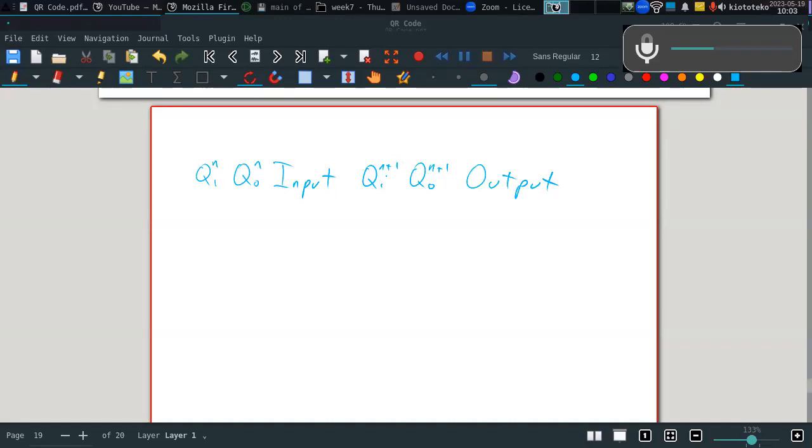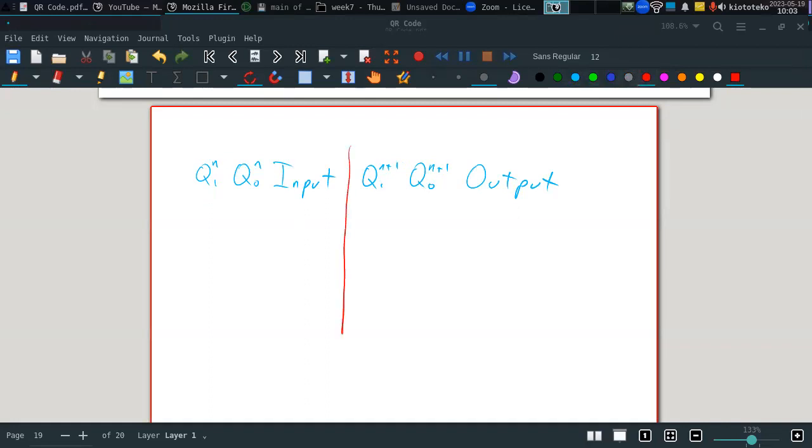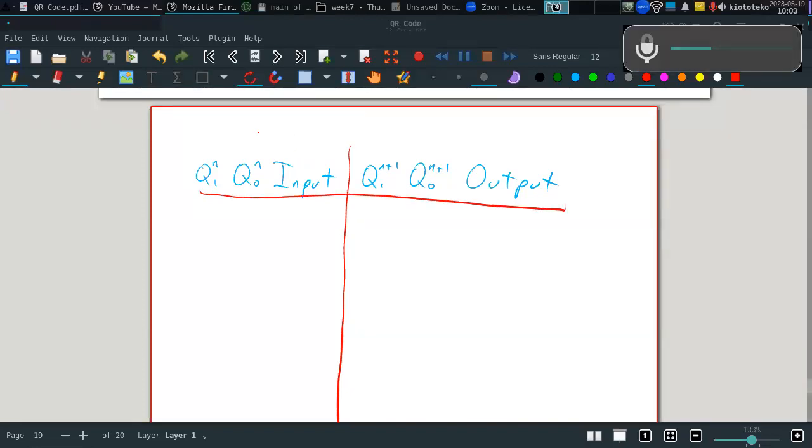Again, because our state is now composed of 2 bits, that's why we need 2 Qs. And the ones on the left are all our inputs, which consist of the true input and the current states. And the ones on the right are our outputs and the next state.